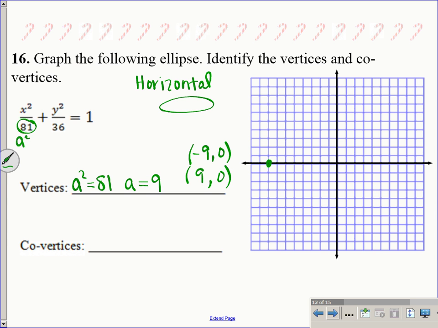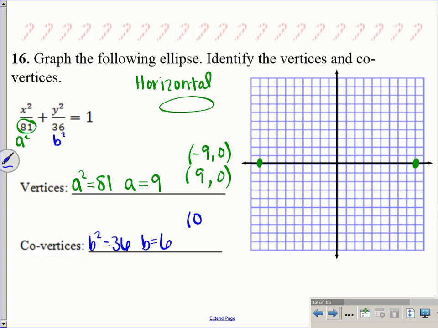So I'm going to go ahead and sketch those. Oops, that was 8. I want 9. Okay. Our co-vertices then depend on our smaller number, b squared. And since that is 36, when you take the square root, b is 6. And our co-vertices then have to go the opposite direction. So since this is horizontal, our co-vertices have to go vertically.